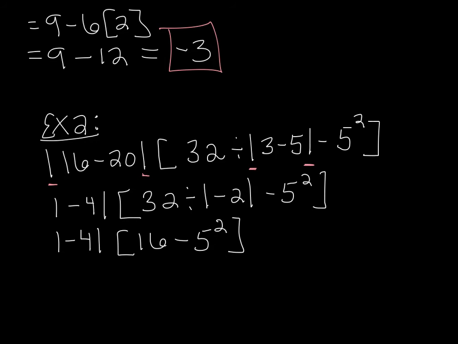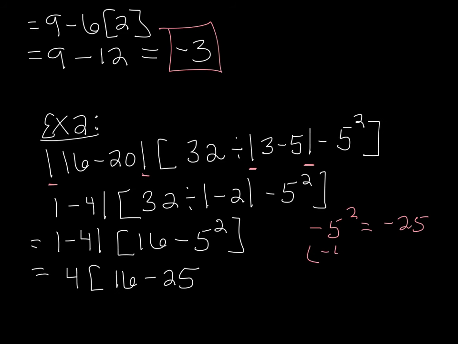Okay. Now the absolute value of a negative 4 is 4. And then I have 16 minus 25. Remember, just as a little side note, minus 5 squared is equal to a minus 25. If that negative had been in parentheses, that would equal a positive 25.